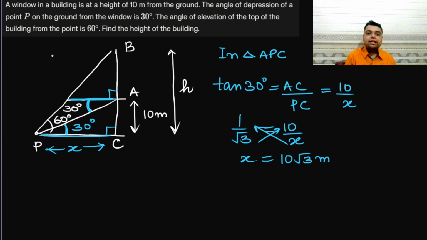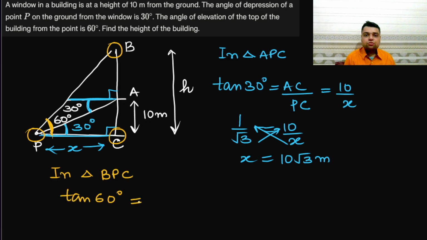Now talking about the second triangle BPC, we have this angle as 60 degrees, right? So we need to find the value of H, that is BC basically, and X we already know. So perpendicular and base we are talking about, again we can use tangent. So in triangle BPC, tan 60 degrees is equal to BC upon PC, right?